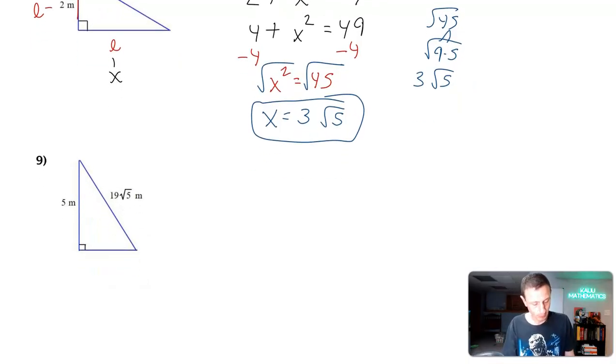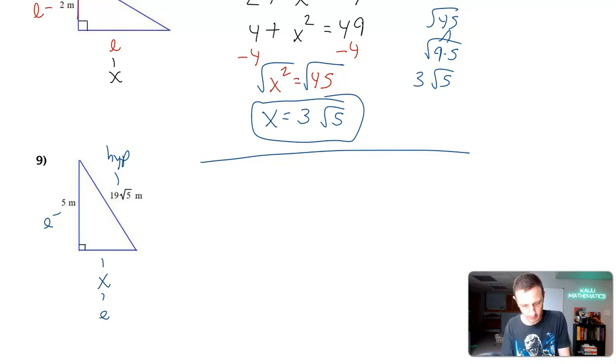Last one for this set here, and then I have an application to this. This is a known leg, this is a missing leg, and this is a known hypotenuse. Let's go ahead and solve.